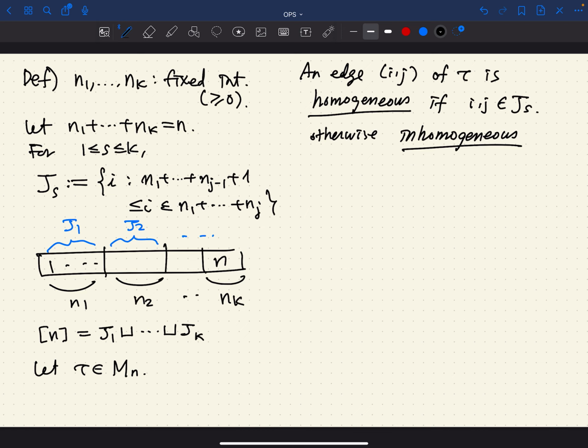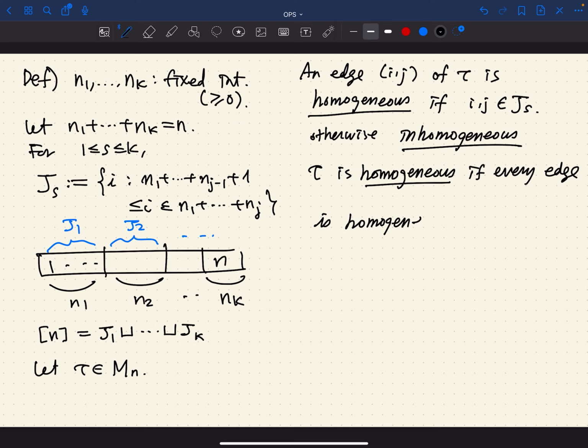And we say that tau is homogeneous if every edge is homogeneous.